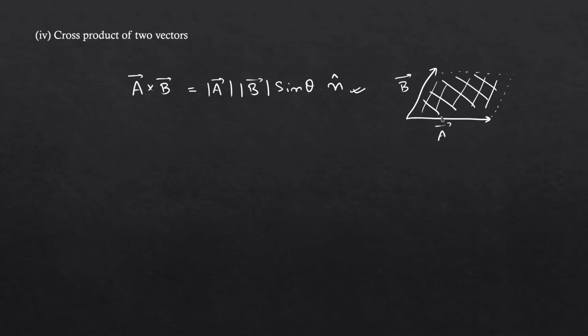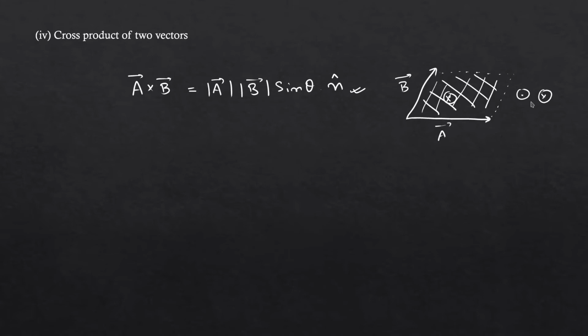A cross B represents this area with the direction perpendicular, coming out of this plane. Fine. And how do you get that direction? It can be into the plane and out of the plane also.